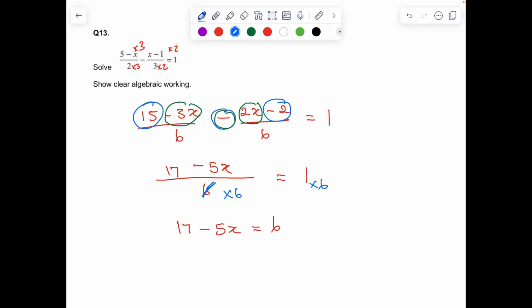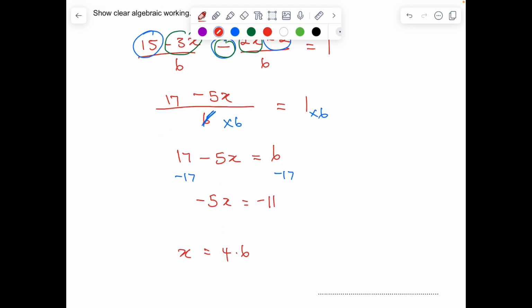So I'm now going to take away 17 from both sides, so that I'm left with minus 5x equals... so 6 take away 17 is minus 11. So minus 11. Then, oops, sorry, ignore that. I was doing some working out earlier.